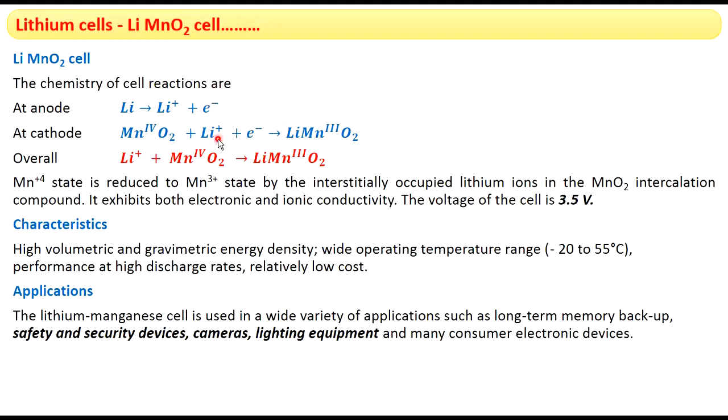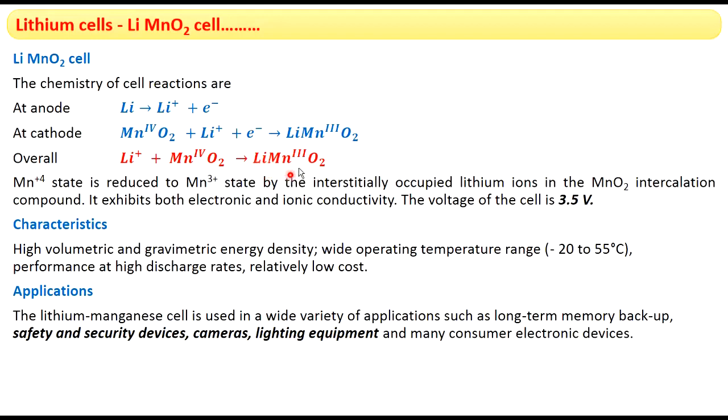Now both Li+ and one electron will reach the cathode, where they will meet the MnO2, and MnO2 plus Li+ plus electron gives rise to LiMnO2. So the overall reaction will be Li plus MnO2 gives rise to LiMnO2.